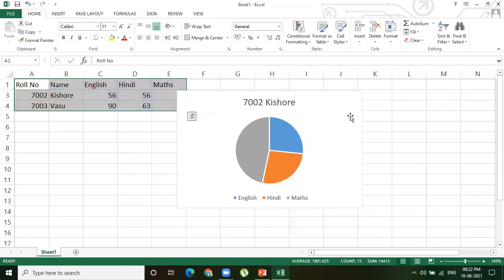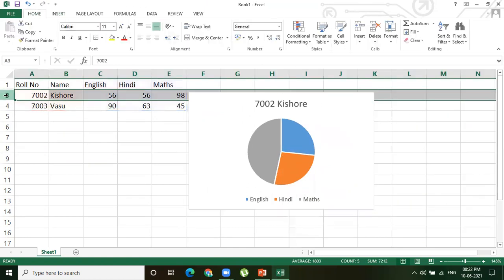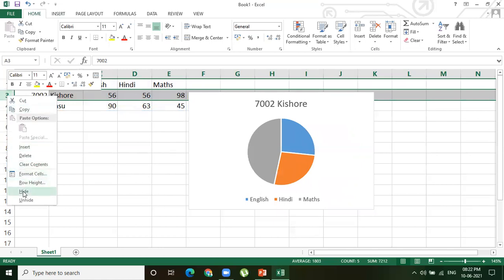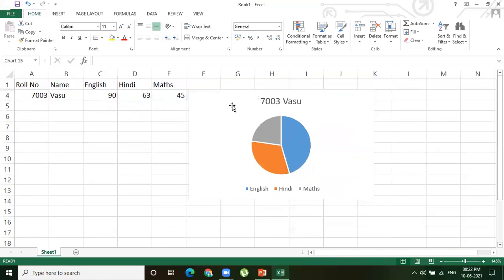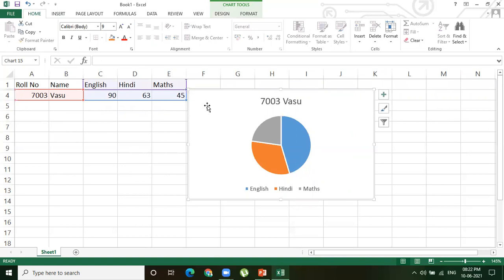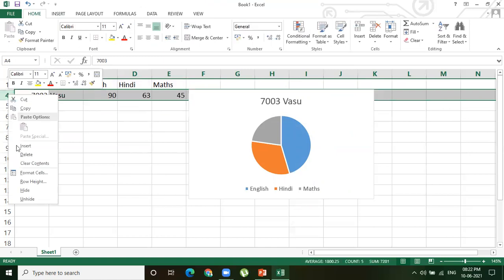So let me delete this. Now, again, if you want to hide this, you can hide it. And now you can observe automatically it is showing for Vasu also. When I hide that data, it is automatically showing the Vasu's data. So let me unhide the students.